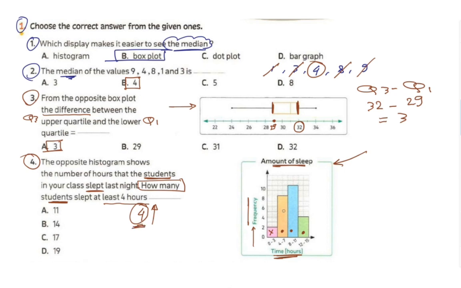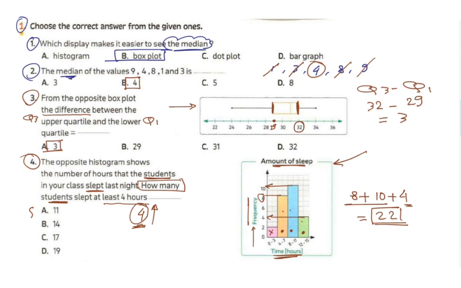Now I need to find the number in these 3 intervals and add them. This interval from 4 to 7, here we have 8, plus this interval from 8 to 11, we have 10, plus this interval from 12 to 15, we have 4. If you add 8 plus 10 equals 18, 18 plus 4 equals 22.